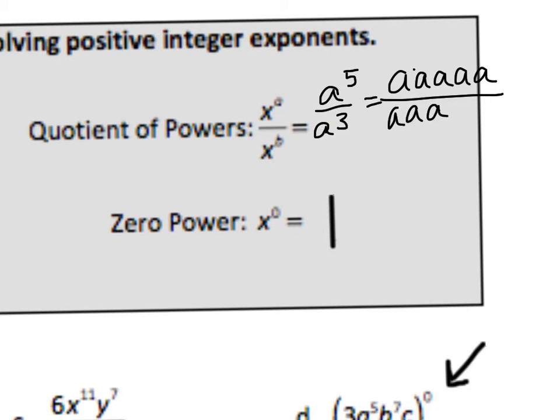So if I see I can simplify, I have a over a, which is just 1. A over a is 1, a over a is 1. So the only thing that I have left is a to the second, or 2 a's. So when you're having division with exponents, you're going to subtract those exponents.